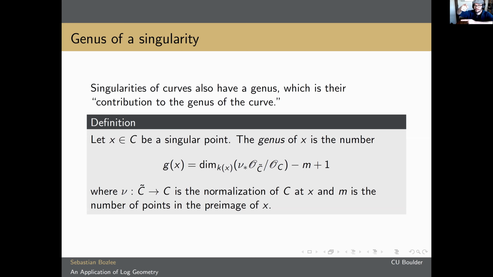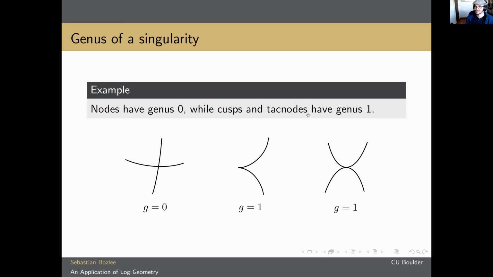You expect that a function on here is going to pull back to a function that has the same value at the 2 points over the node. So that's 2 minus 1, one condition. But it's possible to have more conditions, and those extra conditions are what are formally defined to be the genus. To have an example, nodes have genus 0, and the way we explained that. Cusps and tacnodes have genus 1.